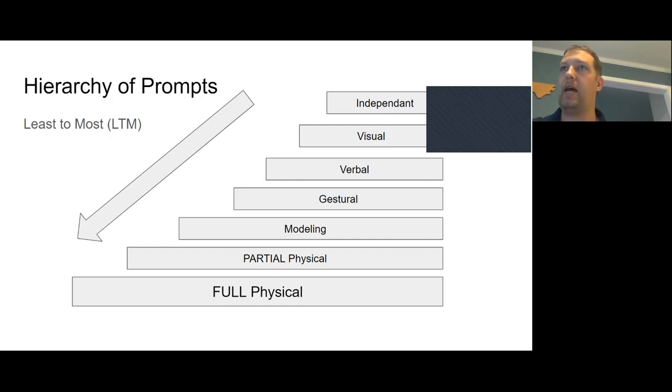So modeling, the next one that is a little more assistive for our learners, would be as we come in from recess, watch me, get a drink of water, and I would go through the steps of getting a cup, putting the cup under the faucet, turning on the water, turning off the water, putting the cup in my place to drink it.